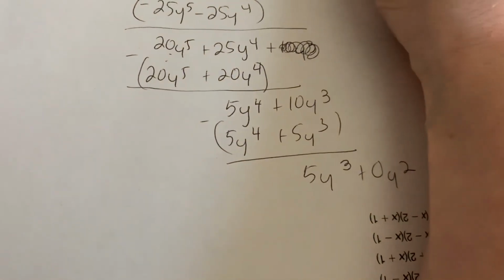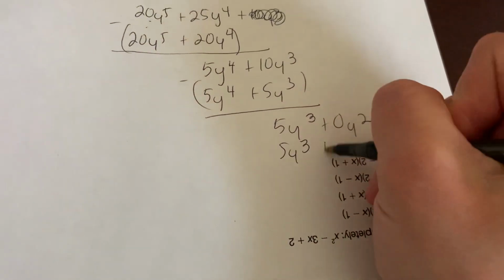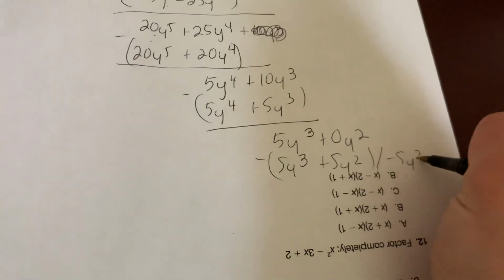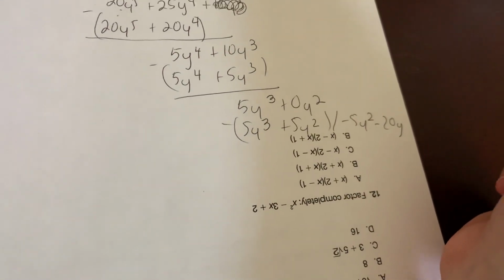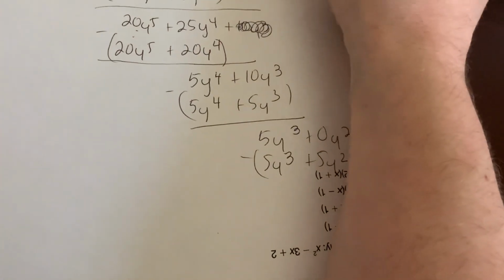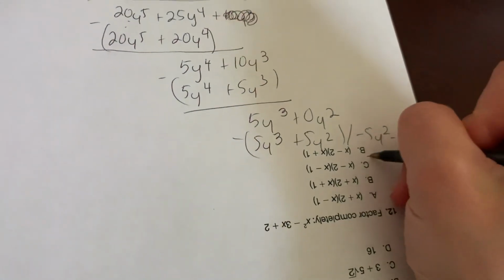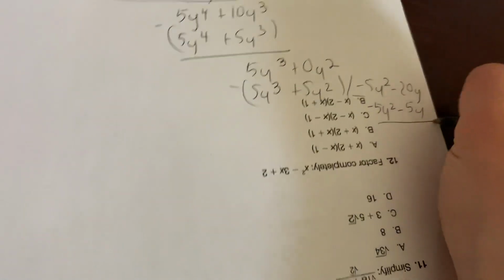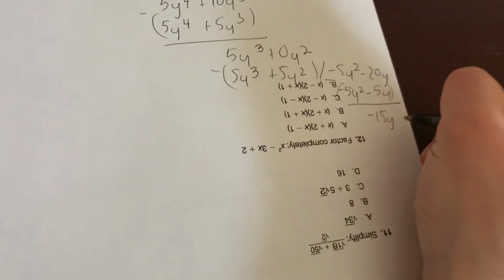You need a y squared. So then you'll have 5y to the third plus 5y squared. When you subtract, you'll get negative 5y squared minus 20y. You will get negative 5. I lied. Negative y. So negative 5y squared minus 5y. You're going to get negative 15y minus 15.